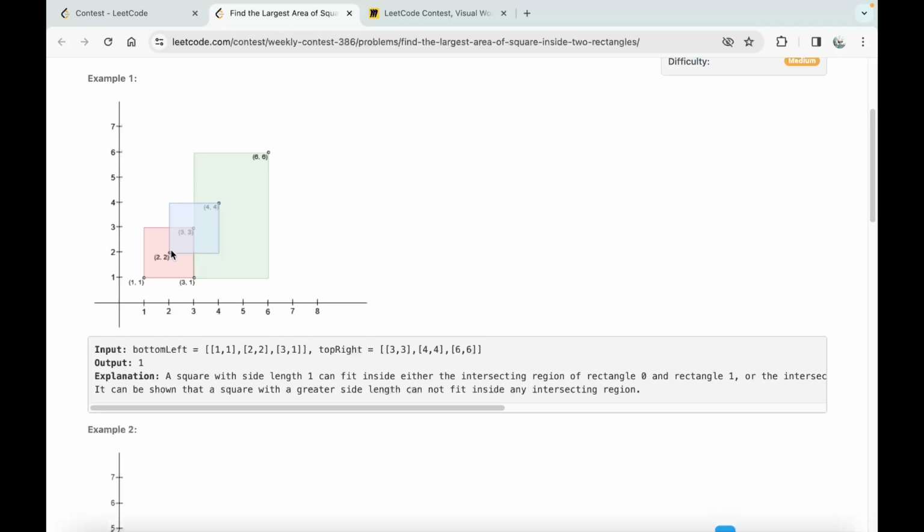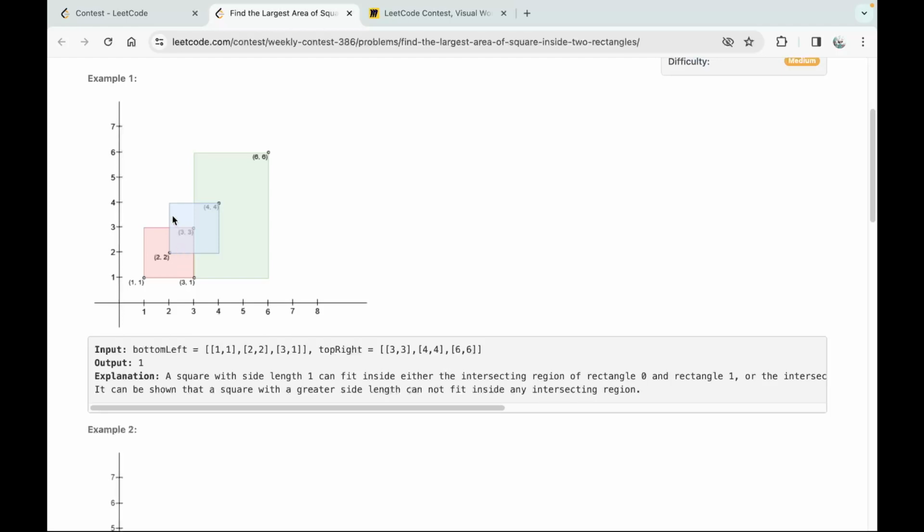You are going to have some common area from the intersection of these two, and inside that common area you need to take out a square. So you have to have a square which fits in this intersection, and you compare all the rectangles and their intersections, and tell what is the maximum area that you can get.